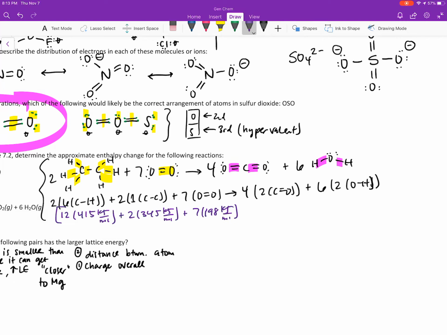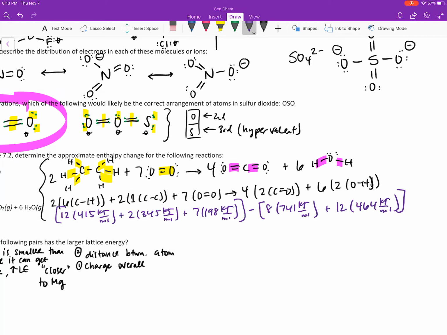I'm going to add that all up together, and then I'm going to subtract from that 8 carbon-oxygen double bonds, which are 741 kilojoules per mole, and 12 oxygen-hydrogen bonds, which are 464 kilojoules per mole.